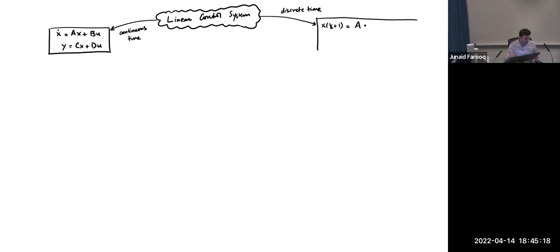So it's A x of k plus B u of k, and the y of k is similarly C x of k plus D u of k. So these are kind of broad domains.